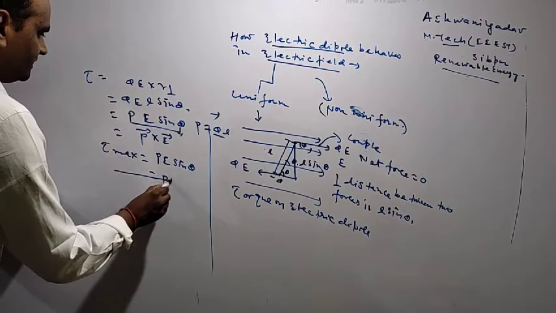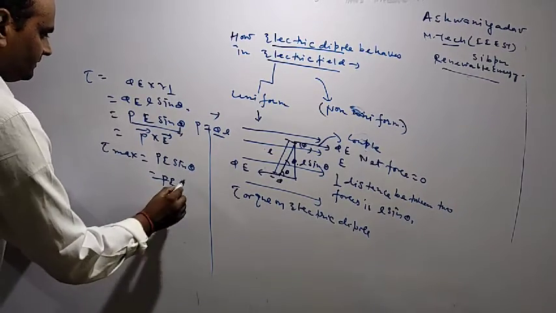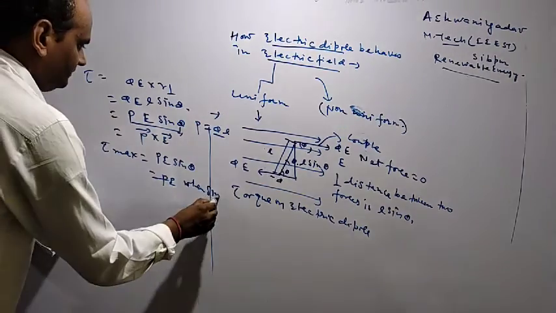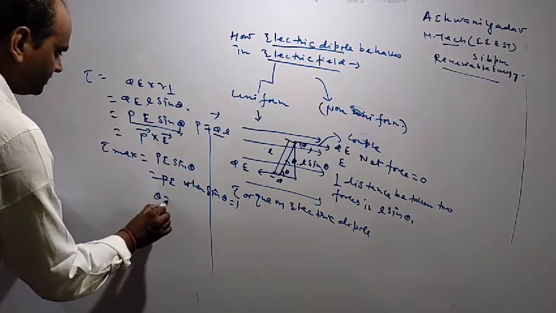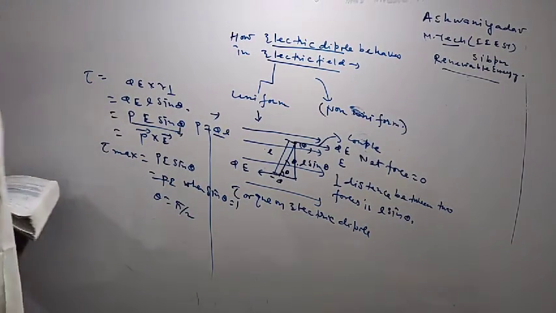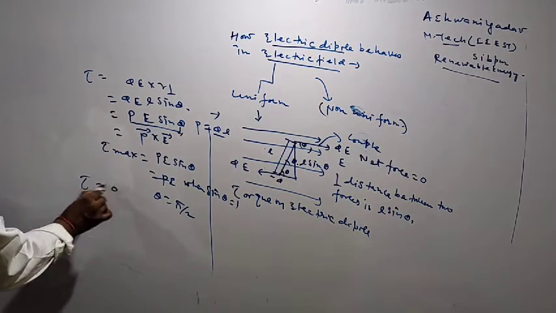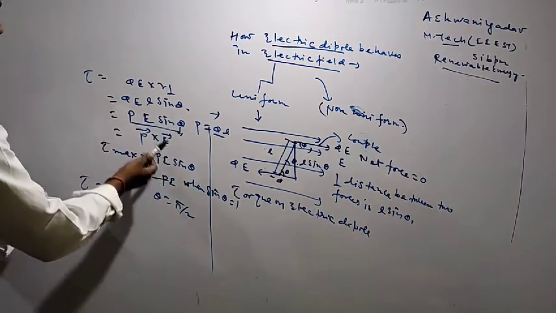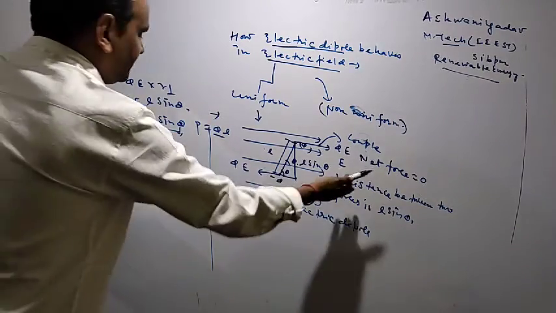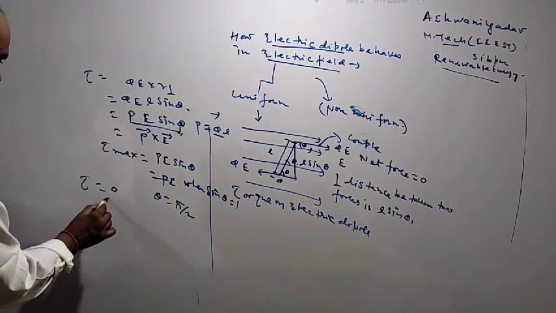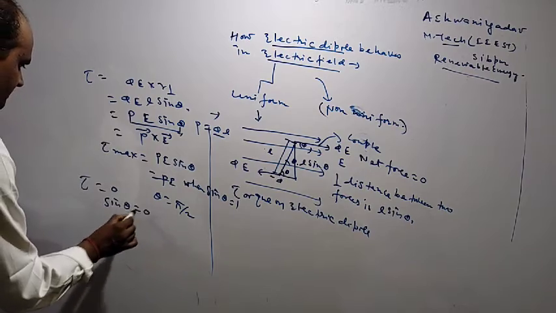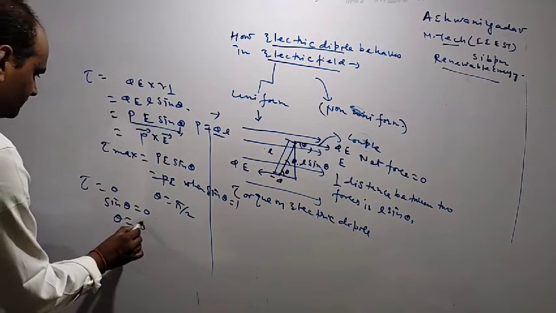So that is equal to P into E when sine theta is equal to 1 and theta is equal to pi by 2. And torque is going to be 0 when dipole moment is aligned with electric field. When sine theta is 0, then theta is equal to 0 degree.